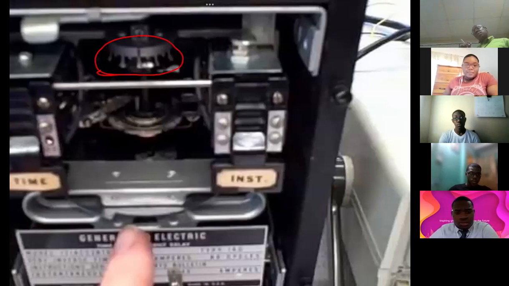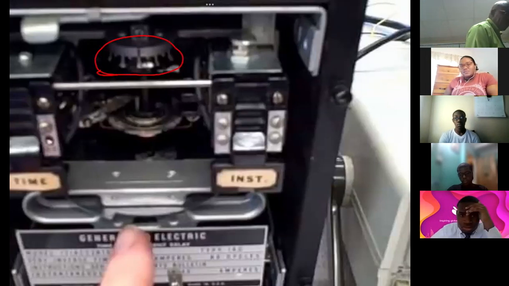And remember what we said is that in shifting that dial, all you're doing is moving the movable contact closer to the fixed contact. So the movable contact, it's difficult to see the movable contact.